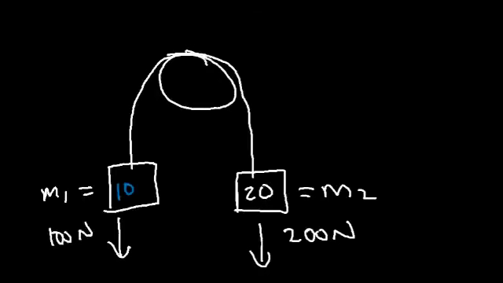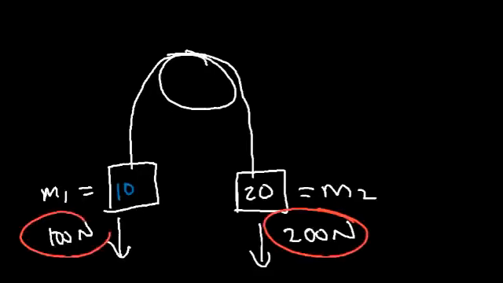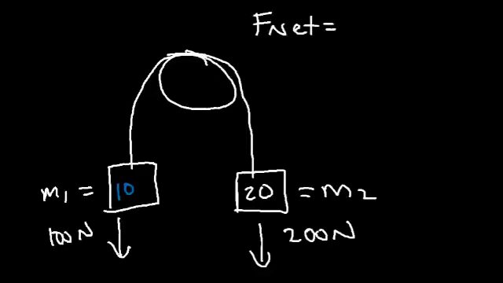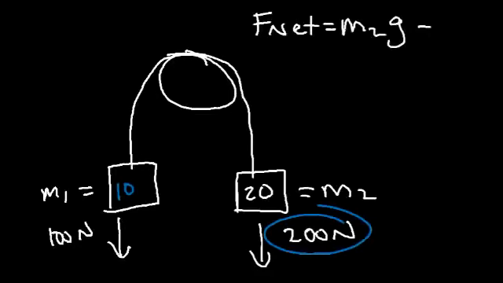So because the weight force on the right is greater than that on the left, the system is going to move this way. But now for these problems, we always need to write an equation for the net force. The net force is the difference between M2G and M1G.